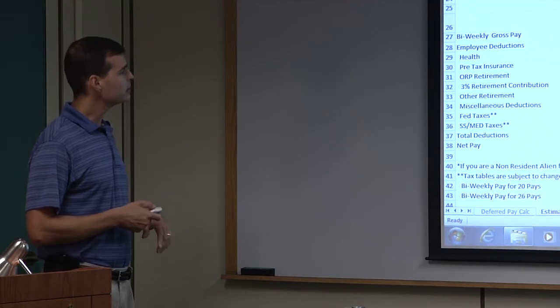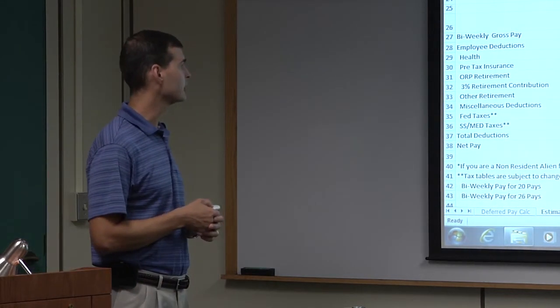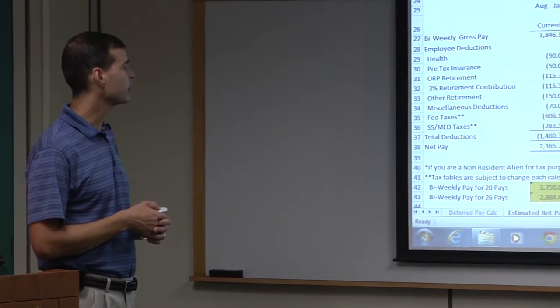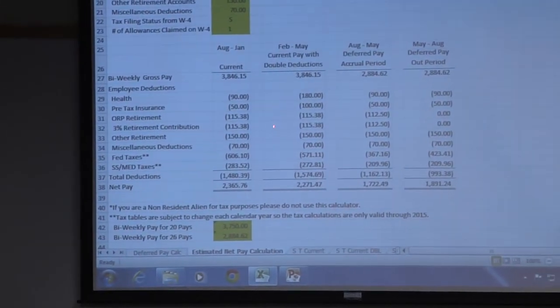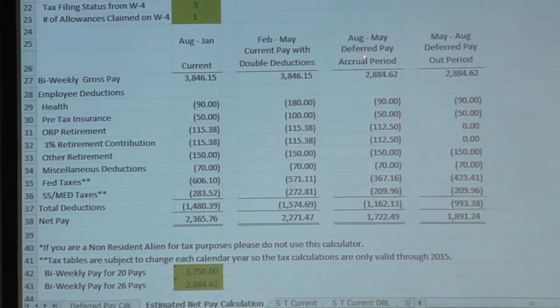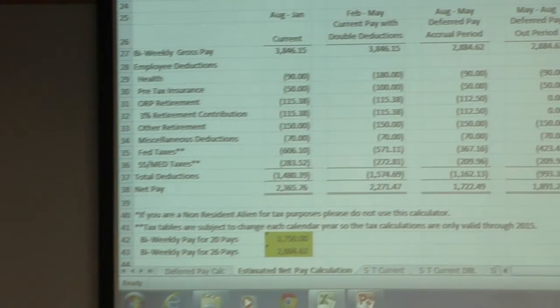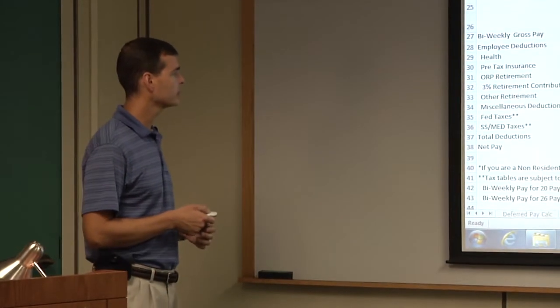So, as you can see, what we've done is we have a current scenario that everybody's in right now, and of course we have this thing February through May that everybody loves called the double deduction period, and then a scenario for you if you were participating in the deferred pay plan from August through May, and then May through August.